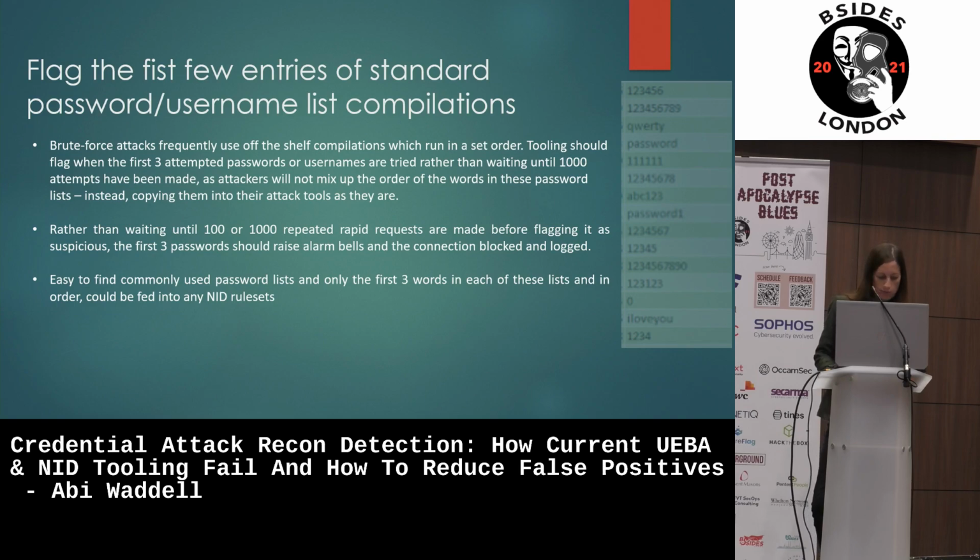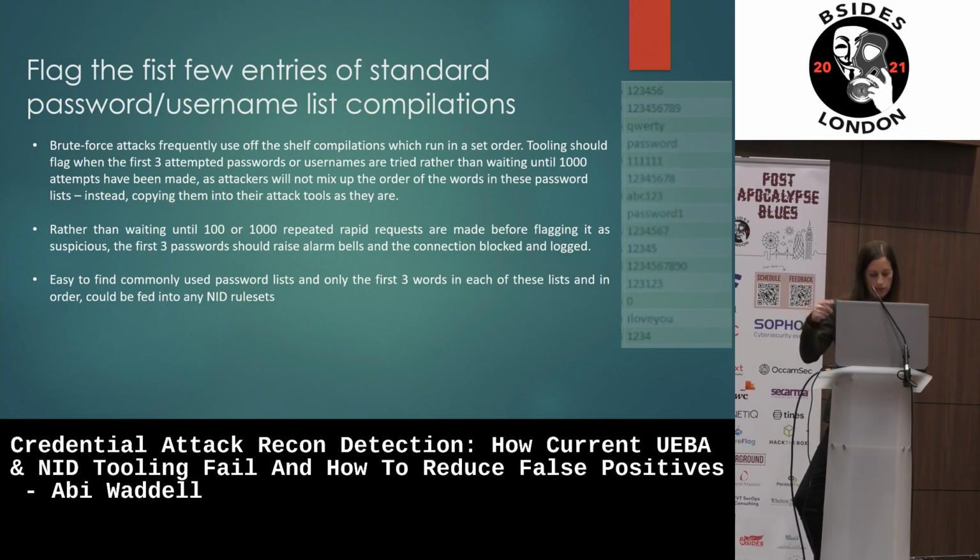And as any pen tester who's ever brute forced accounts knows, almost every single list of username or password entries, namely ones that come built into cracking tools or ones that could be found with a quick Google search, such as the top 1,000 most common passwords, and obviously the password list built into tools like Metasploit, are fed into the brute forcing tools unchanged.